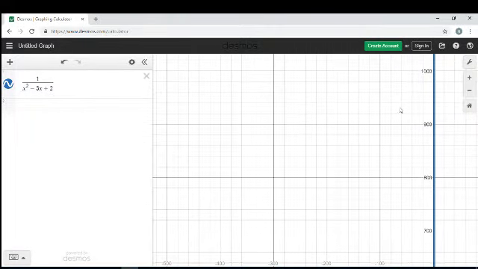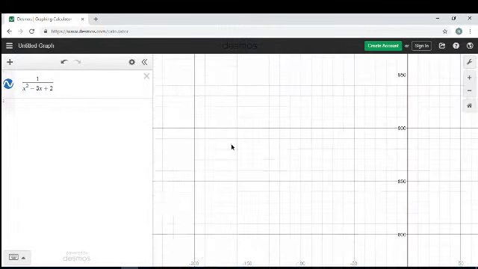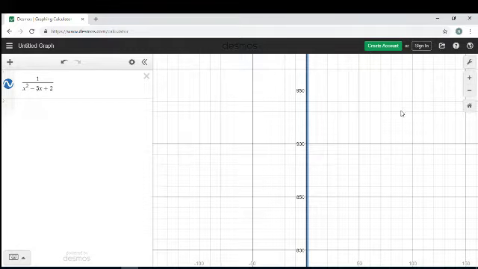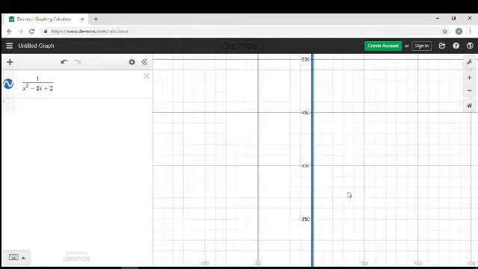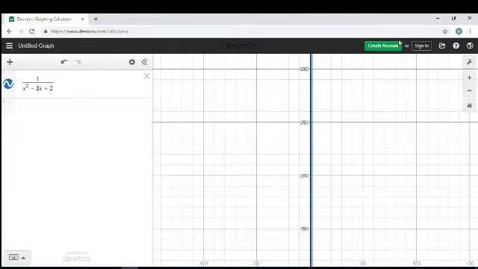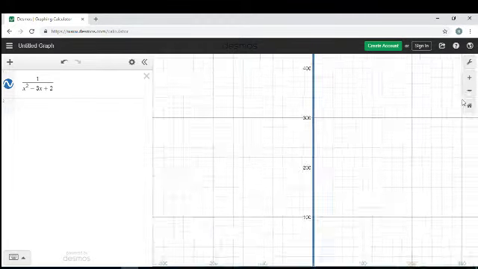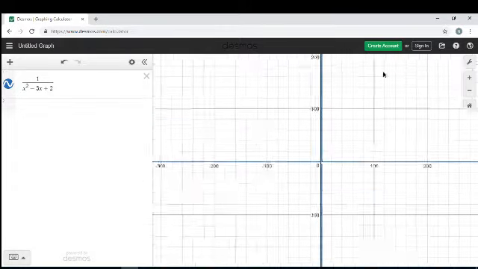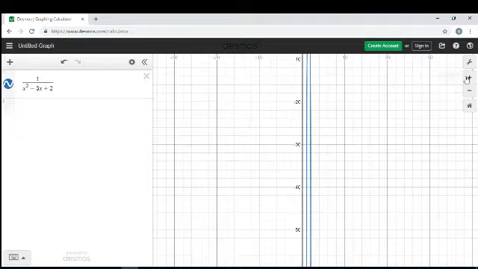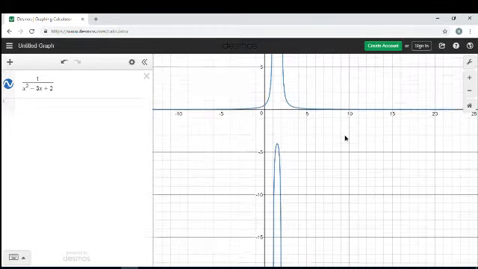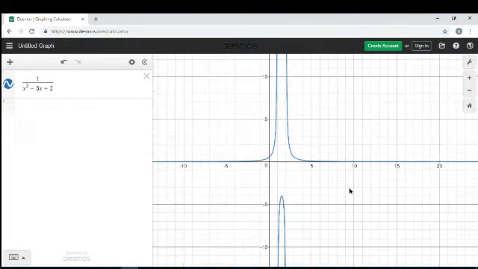Yeah, because we have those asymptotes. You have vertical asymptotes and horizontal asymptotes. Because you have those vertical and horizontal asymptotes, your range is from negative infinity to infinity.